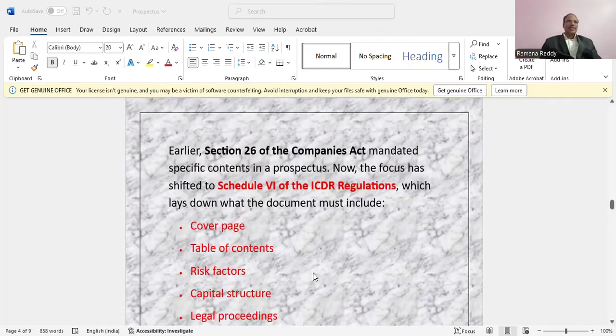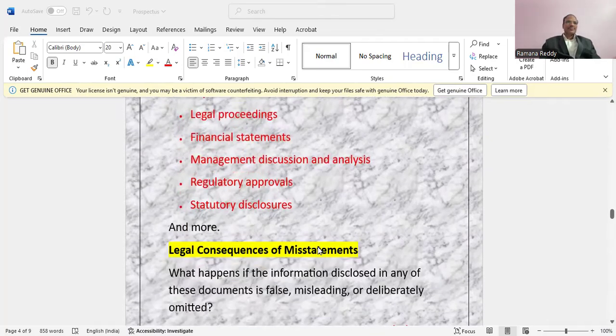These are all the things this document should contain.